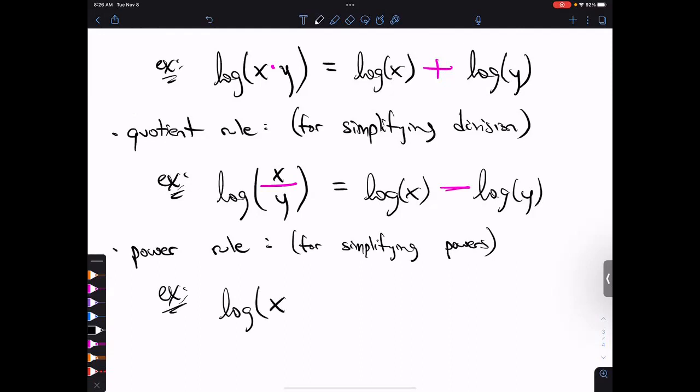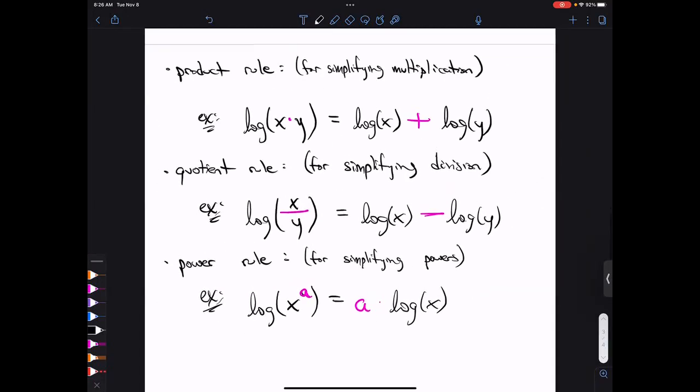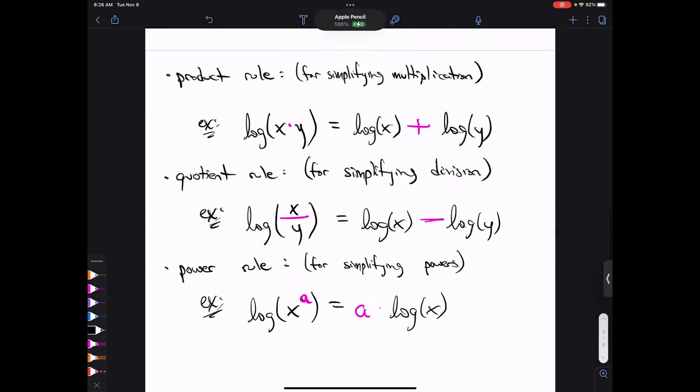The log of x to the, I don't know, a, some exponent, is a times the log of x. And that one is for the usual reason of how power works, right?